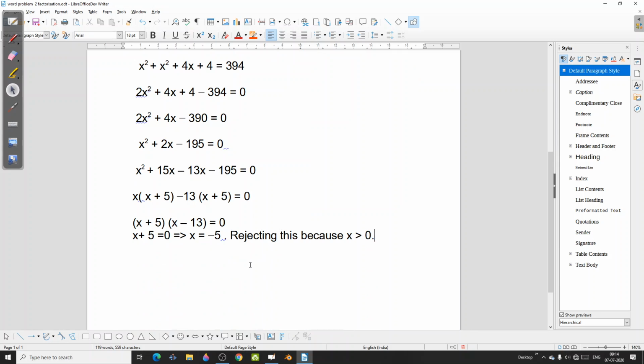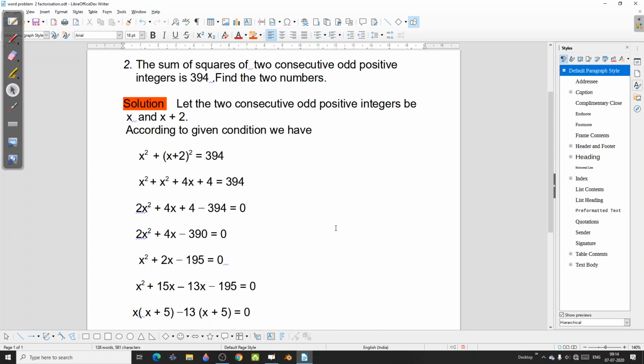Now next we will compare x minus 13 with 0. x minus 13 equal to 0. On solving, x equal to 13. Therefore the first odd positive integer is 13.